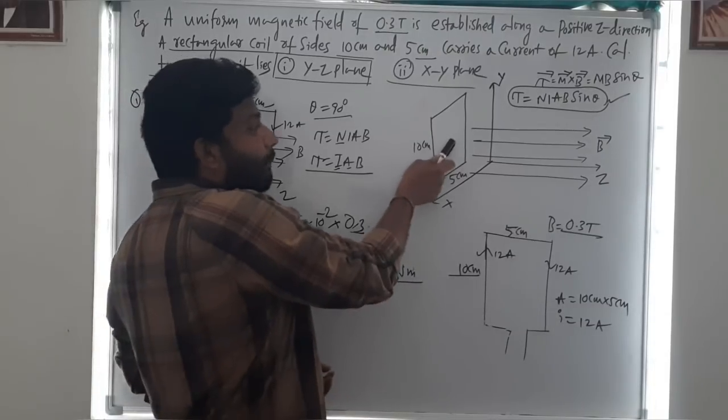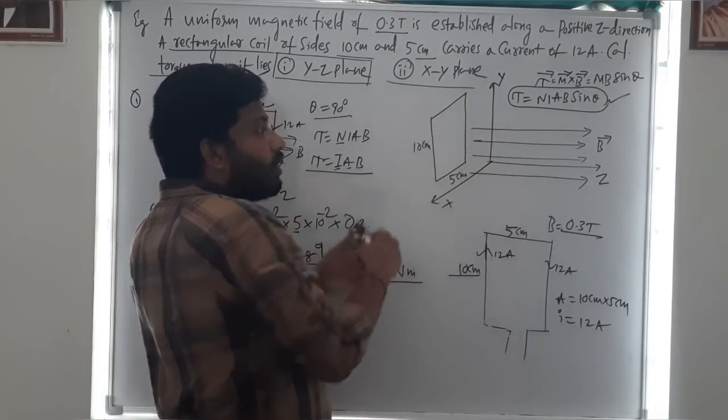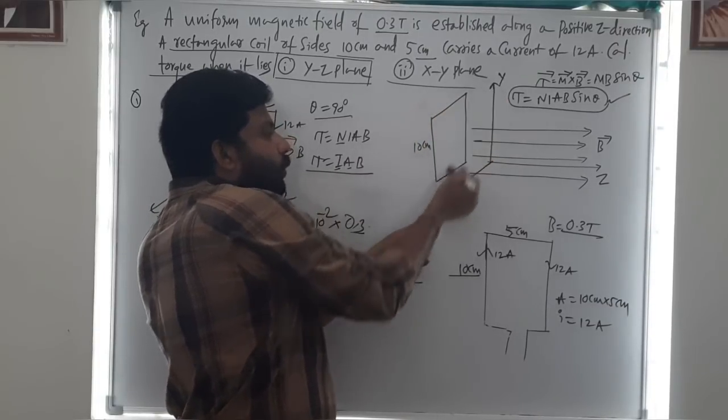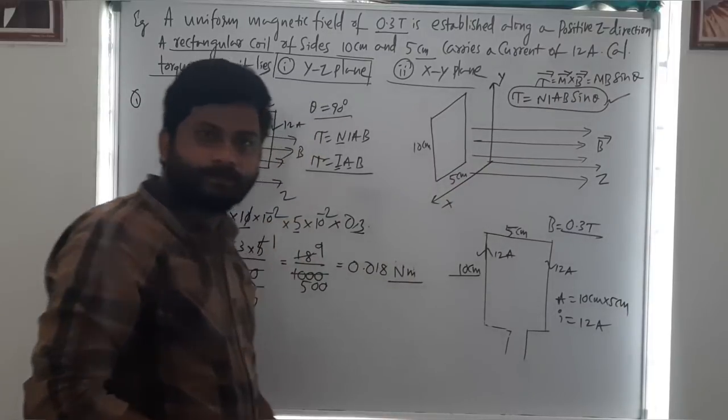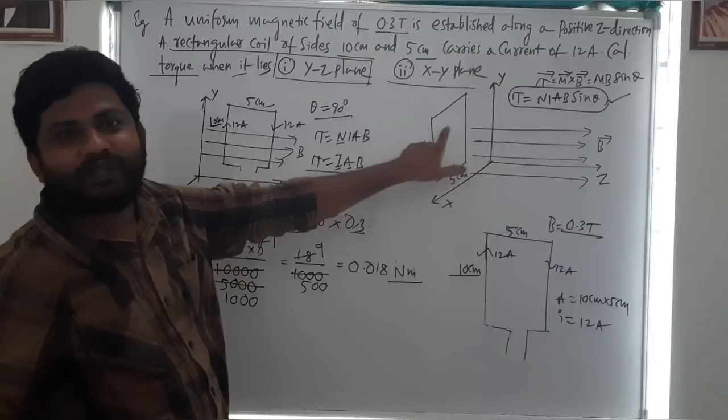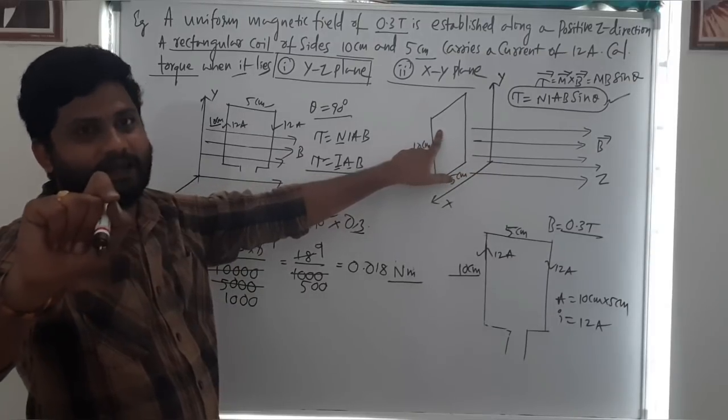Now, this is the XY plane. So, the area vector will be perpendicular to this plane. Perpendicular to XY plane is what? Z axis. As area vector is perpendicular to this plane means along Z axis.